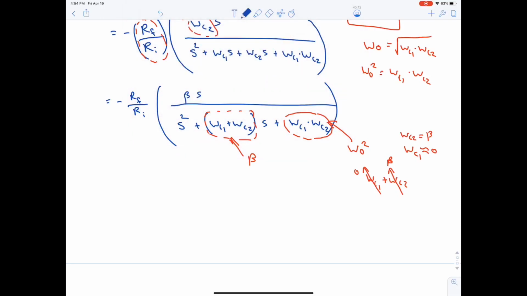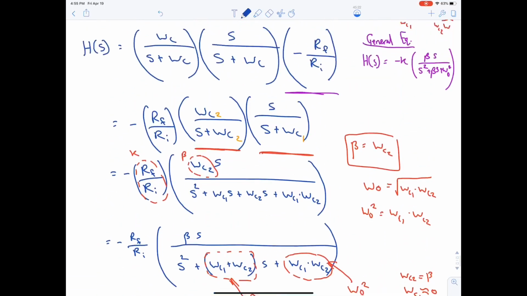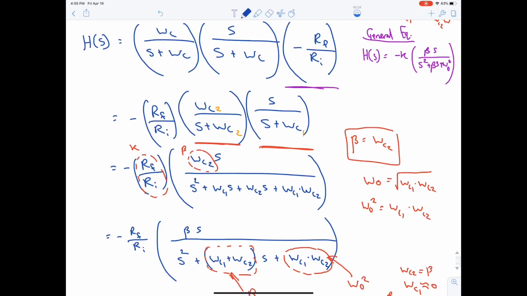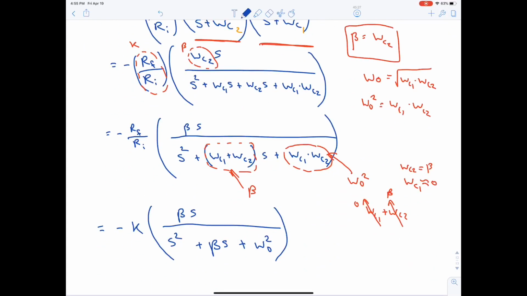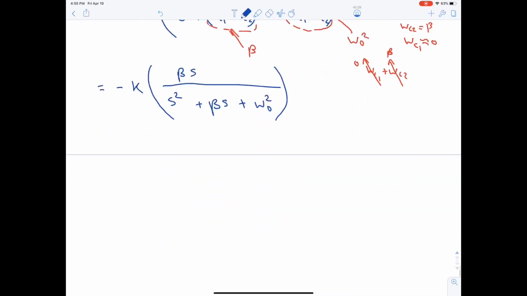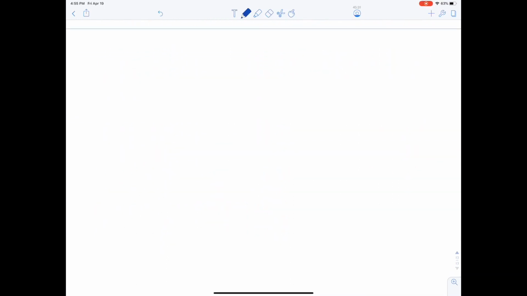So if you rewrite this, you will get minus k beta s over s squared plus beta s plus omega naught squared, which is identical to this general equation. Okay, great. Let's take one final example before we conclude chapter 2.